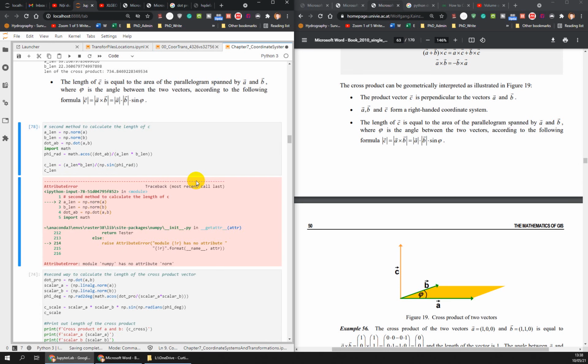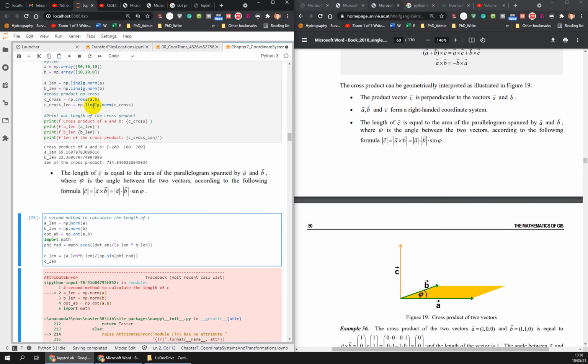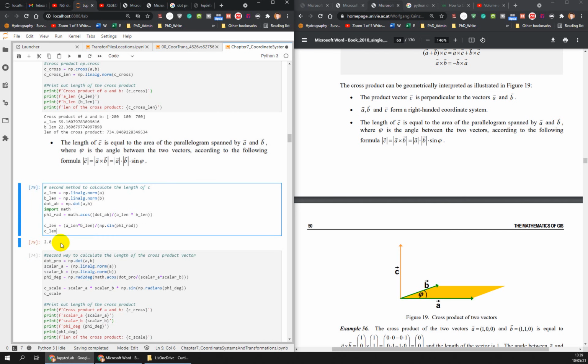NumPy has no attribute called norm. Actually, in order to calculate the norm of the vector, I forgot that we need to use norm inside linalg. So it needs to be numpy.linalg.norm like that. We run this again, and we have C length is 2.